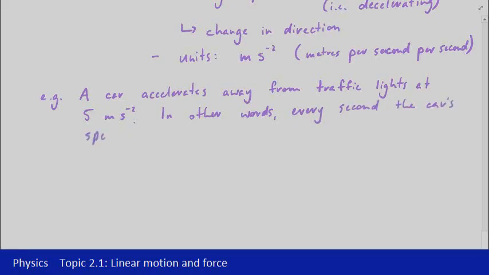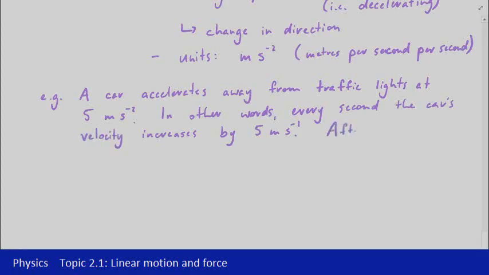So the reason why I'm going through this explanation is to draw your attention to how to interpret acceleration. Being able to substitute it into equations is great, but it's important to be able to have a really good understanding of what the quantities actually mean. So in this case, 5 meters per second squared, every second the car's velocity increases by 5 meters per second.